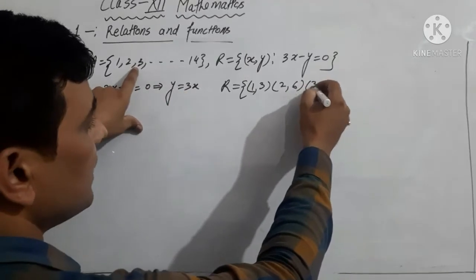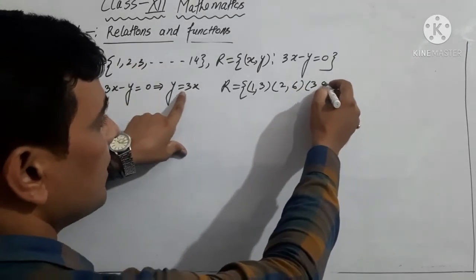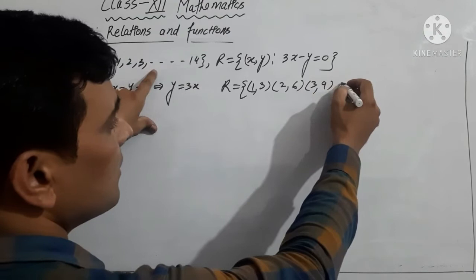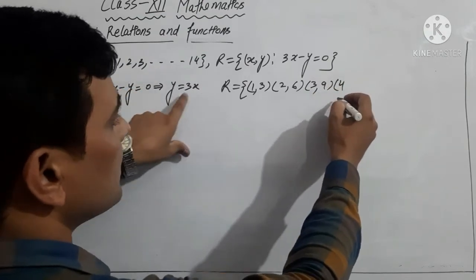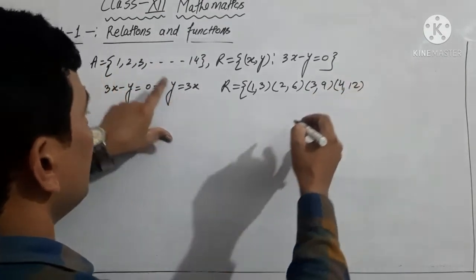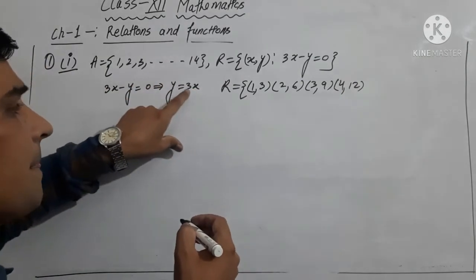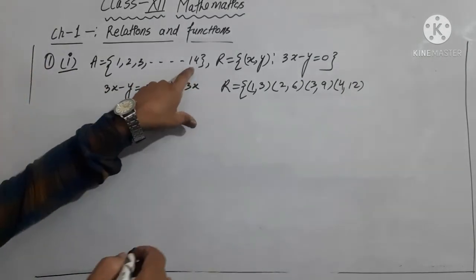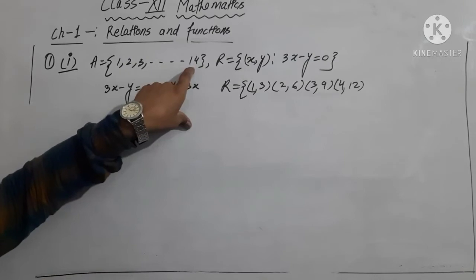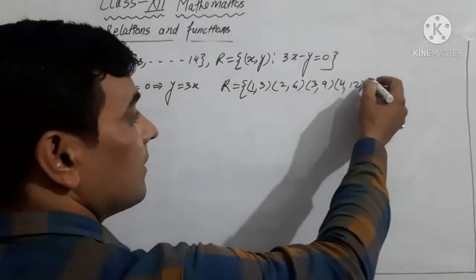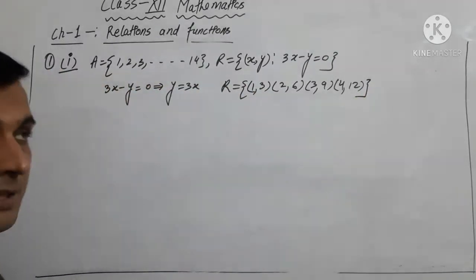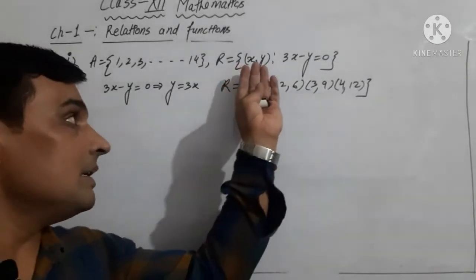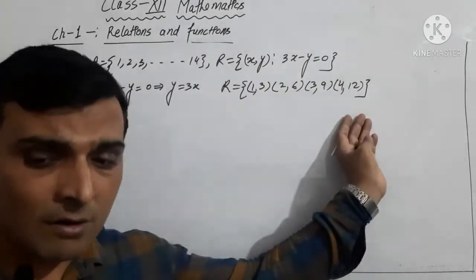For x equal to 3, y is 3 threes are 9, for x equals 4, y will be 4 threes are 12, and for x equals 5, y will be 5 threes are 15, which does not belong to the given set. So (5, 15) does not lie in the relation. Now the relation is converted into roster form.